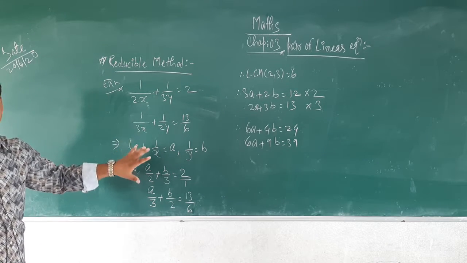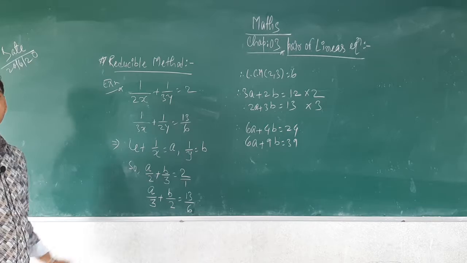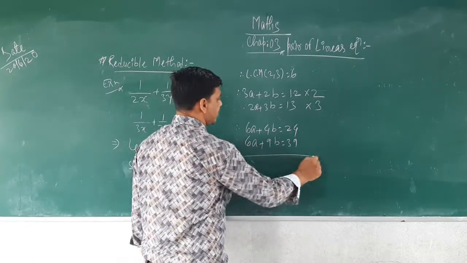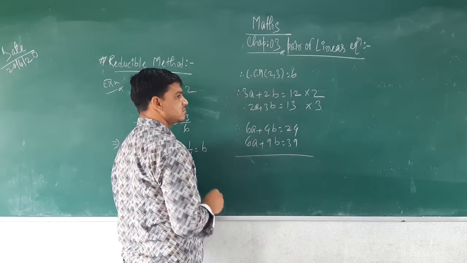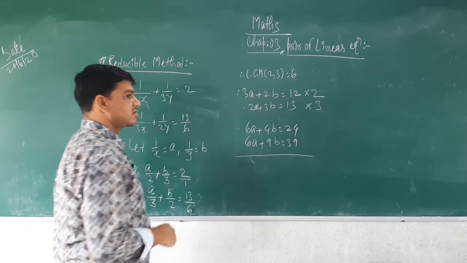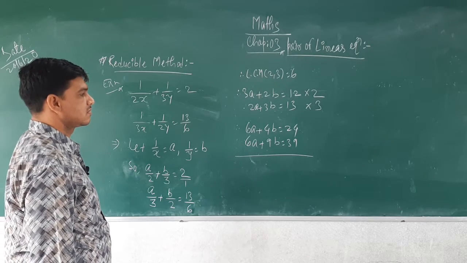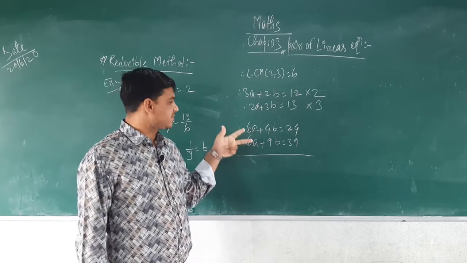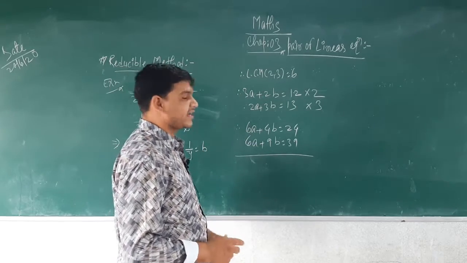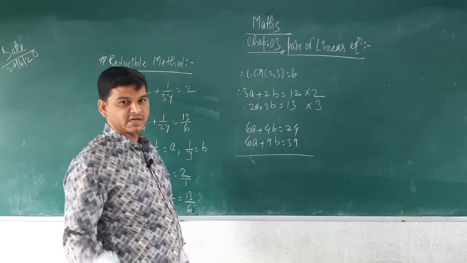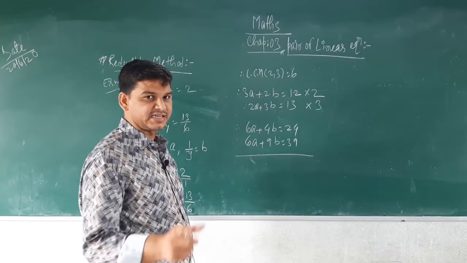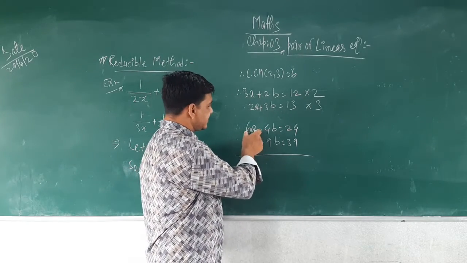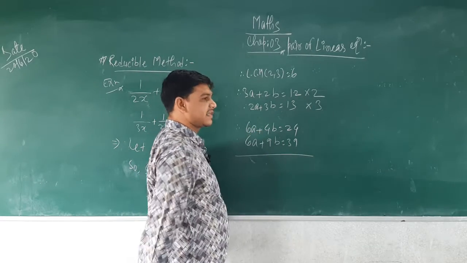So the equations are 6a + 4b = 24 and 6a + 9b = 39. In these two equations, both can be balanced with respect to the variable a. Now the first equation has 6a and the second equation has 6a, both the same.